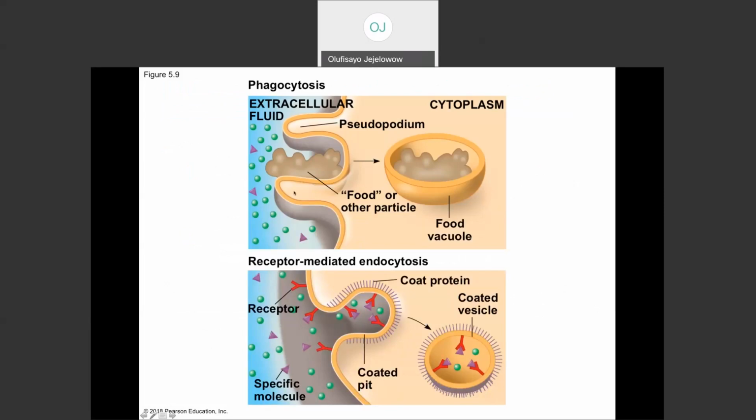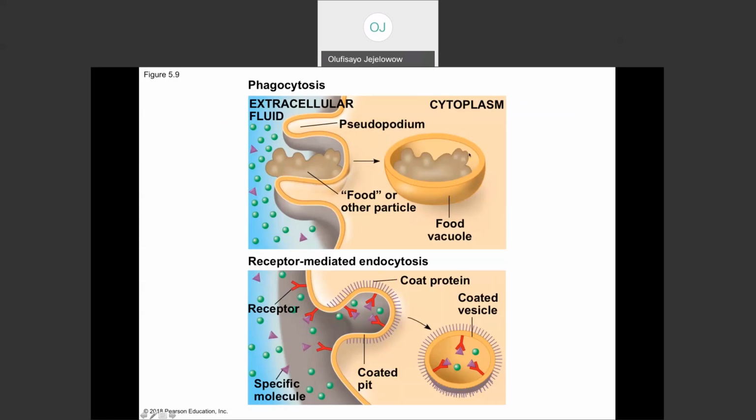This slide illustrates phagocytosis and receptor-mediated endocytosis, the two types of endocytosis. This is the extracellular fluid. The cell here forms a false foot, or pseudopodium, by extending its cell membrane and wrapping its plasma membrane around the food, budding off a food vacuole into the cytoplasm.